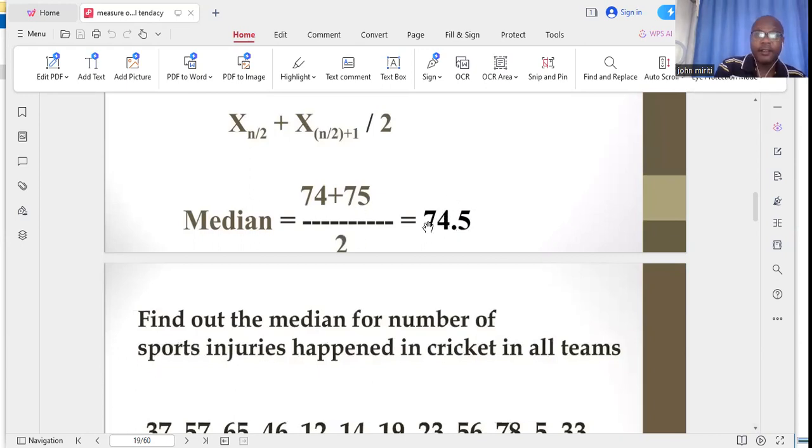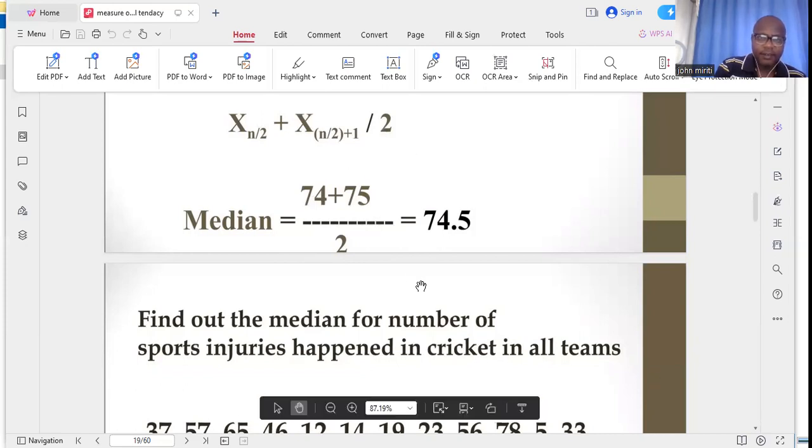So in this case, our median is 74.5. Here you have seen the formula: 74 plus 75, then divided by 2.